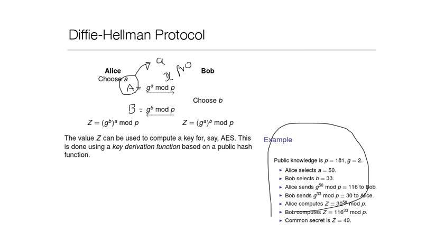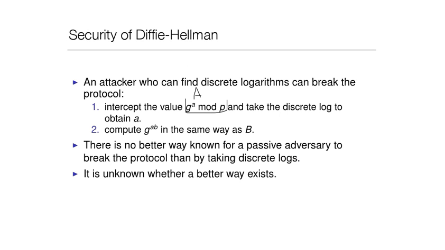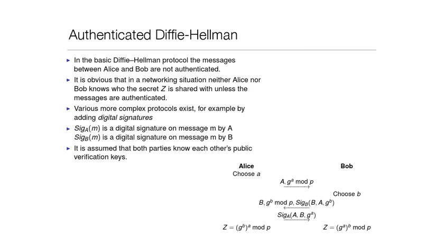but there's no authentication. To avoid that, we have to provide authentication in this protocol. So in the basic Diffie-Hellman protocol, the messages between Alice and Bob are not authenticated. Nobody is providing any guarantee or proof saying that this value is exactly coming from him.